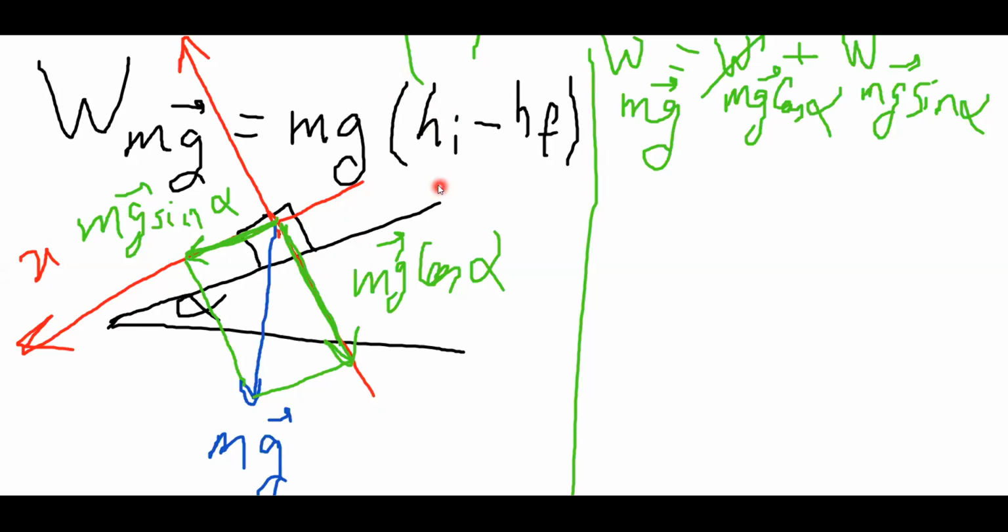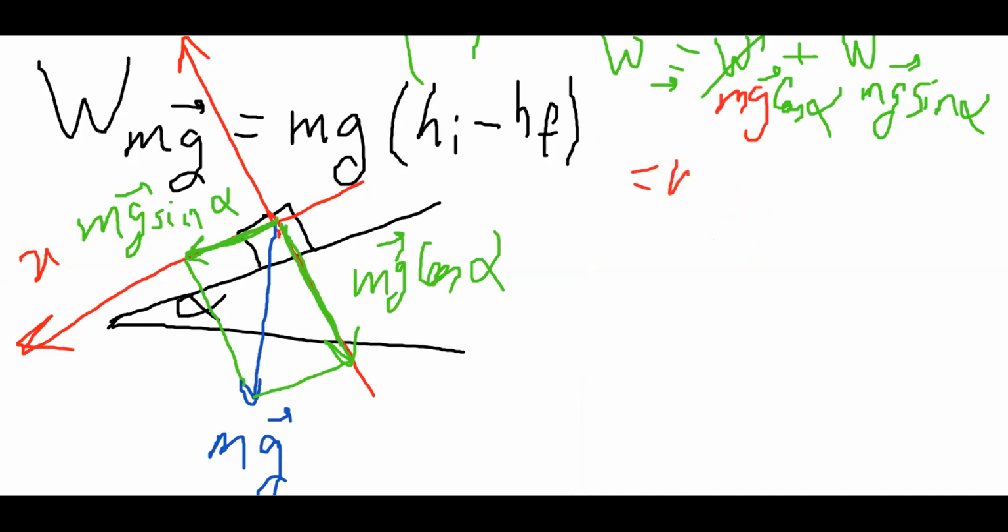What is the value of work done by mg sine alpha? It equals mg sine alpha times the distance covered on the inclined plane times cosine 0.